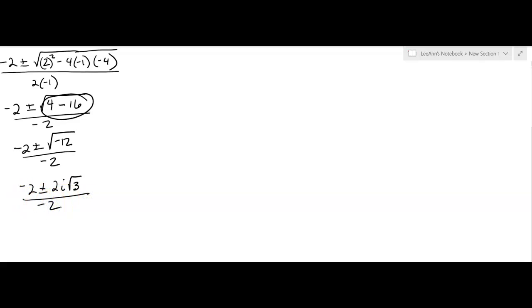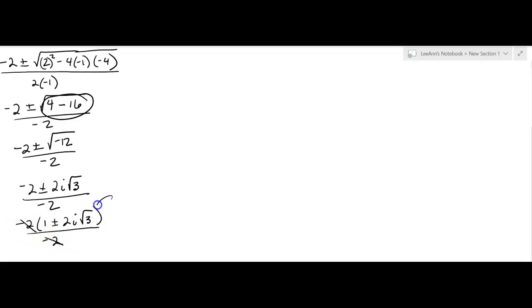It's going to look like that. And if I factor out a -2, that's going to be 1 plus or minus 2i square root 3. It doesn't matter that it was a negative. The plus or minus is still going to be plus or minus. I guess you could write them minus plus, but we don't.